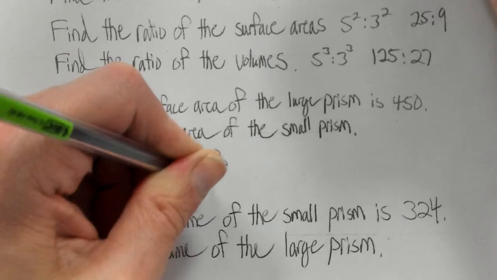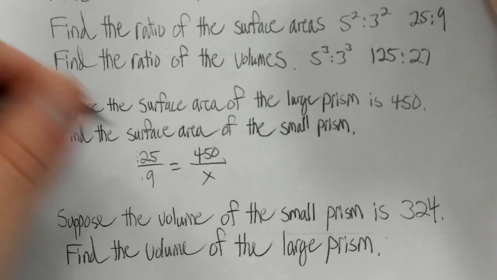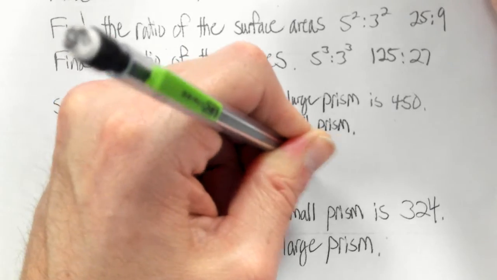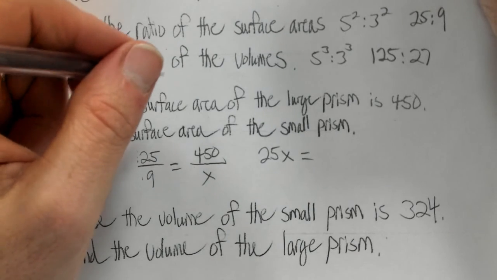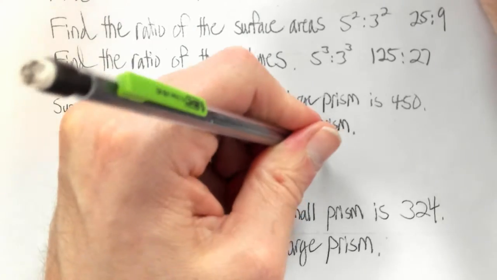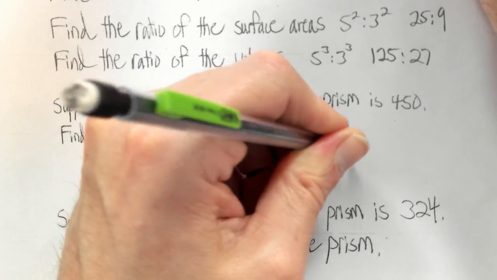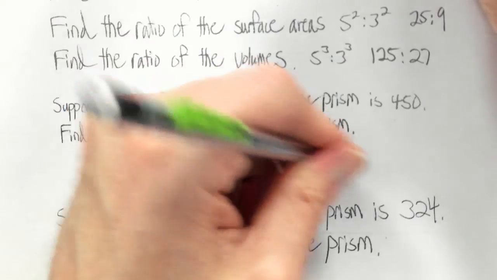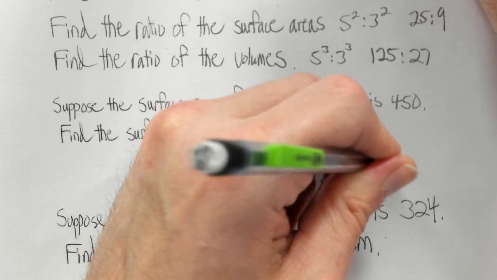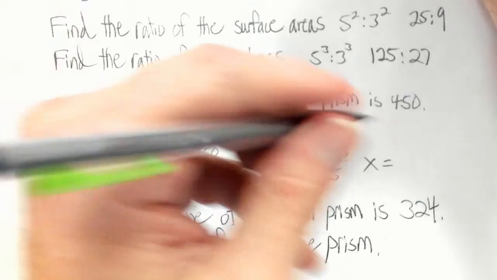And x will be on the bottom, and that will be the small prism. So 25 times x, 25x. We're just doing our cross product here now. And so 9 times 450. 9 times 450 is going to be 4050. Let's divide by 25 here and 25 here. And we're going to get x is equal to 162.